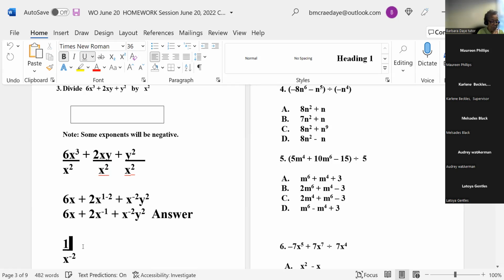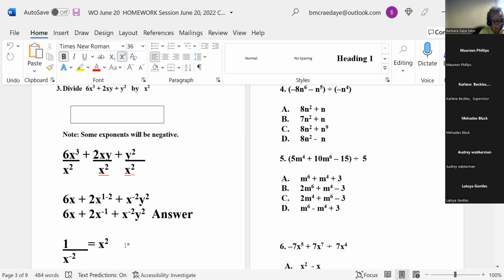So this would then be equal to x to the second. Yes, it's negative here, but if I flip it to x to this power over 1, then the power changes sign from negative to plus.